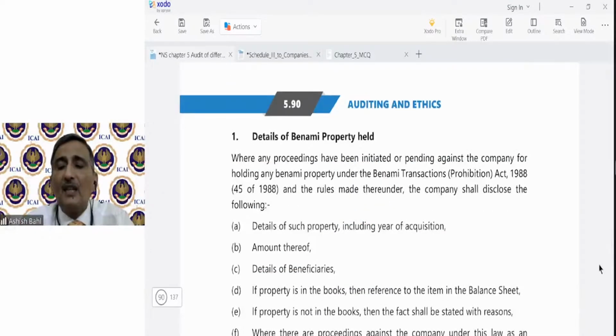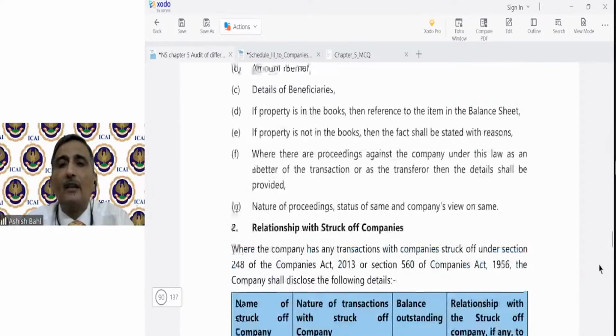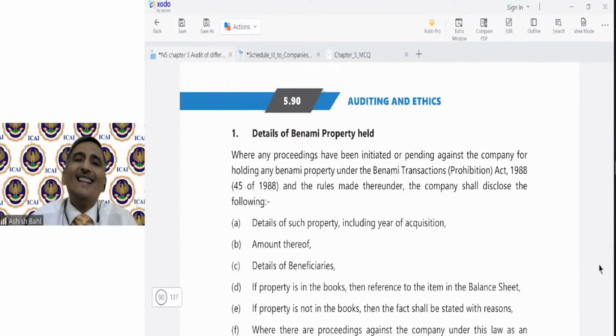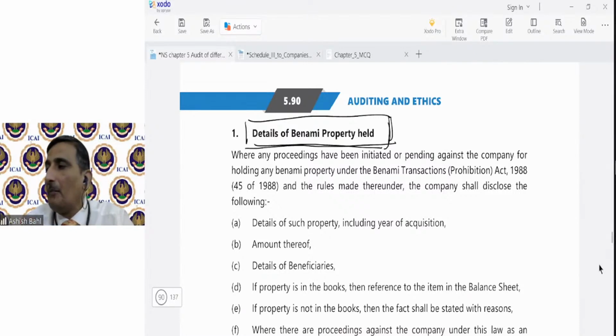Now some additional disclosures are also required to be given, which are stated here. These are details of Benami property. Now what is Benami?